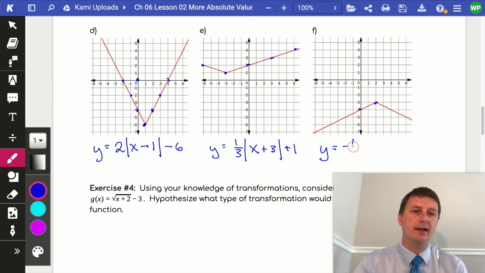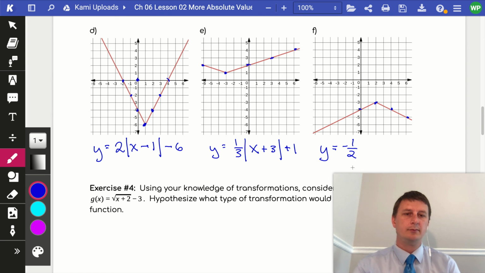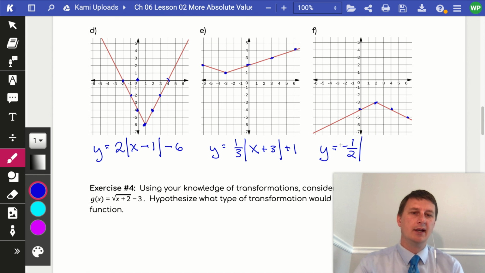That would be negative 1/2 times the absolute value. Now in that bonus section, we said that multiplying by a negative flips the graph upside down. While all of these open upward, this one opens downward. So we want to include that negative there for that reason as well.